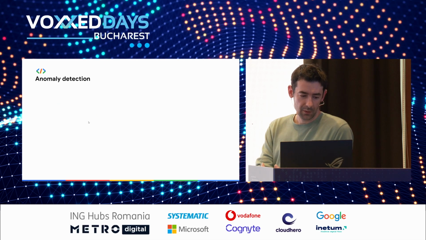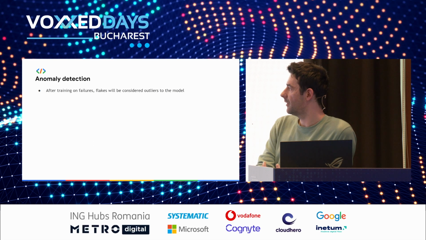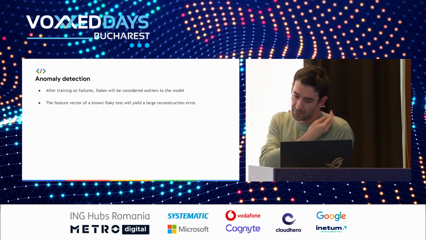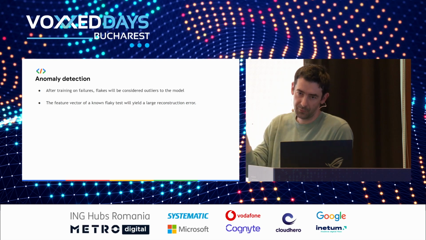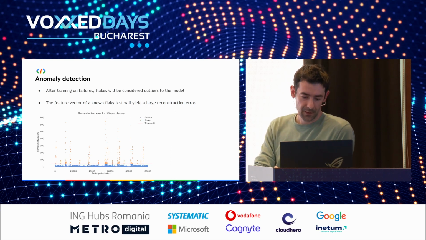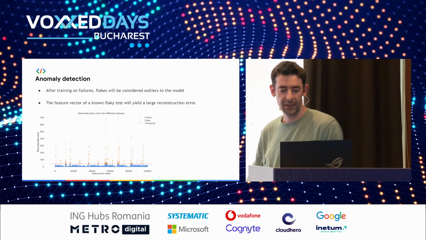Now, once we have our autoencoder trained, and we use flakes as input to our newly trained autoencoder, the feature vector for a flake is going to be rather large, or at least larger than for a known failure. So that would probably look something like that.